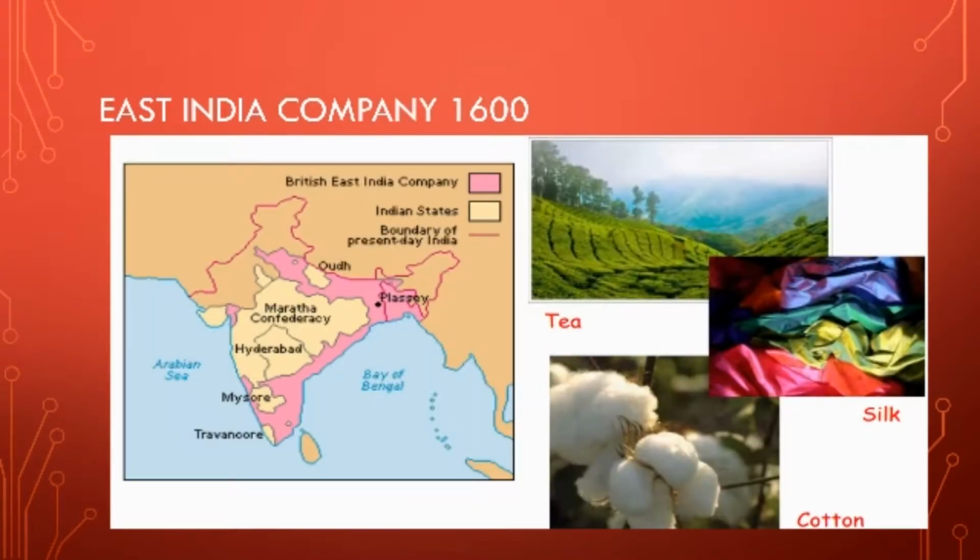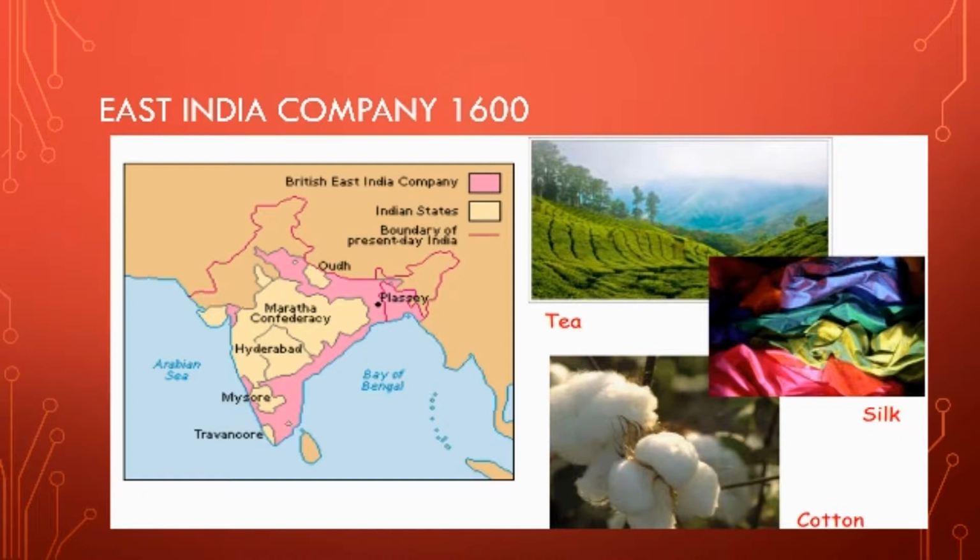East India Company. The East India Company plays a very important role in the history of India. As you can see here in the map, the British East India Company flourished in most parts of India. The pink color shows the areas covered by British rule and the yellow color shows the Indian states that are independent but are also under British influence.